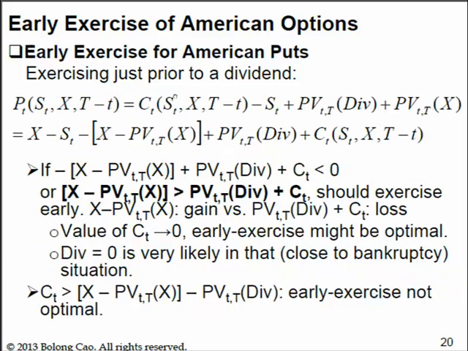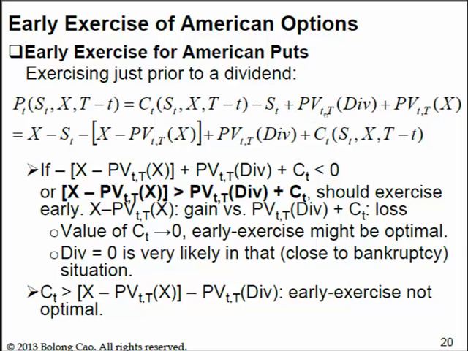Let's think about American puts, whether you should early exercise American puts. And we put the dividend here. It's the same starting point as before. We have this synthetic American put with one long American call and a short position on the underlying.